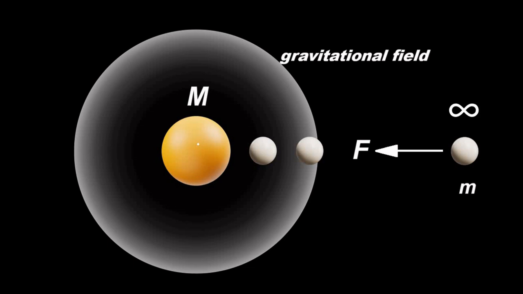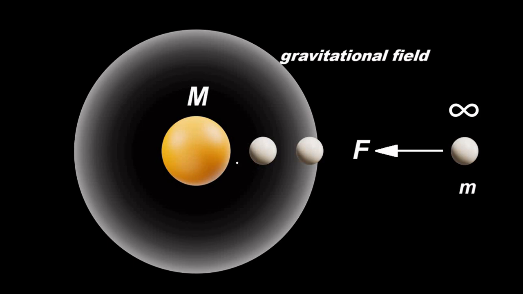We have a mass M, a slightly larger size, so larger mass. It has its own gravitational field, the modified space around it. We have another mass, small m, slightly smaller size. It is at a far away distance from this yellow mass, the largest size mass.